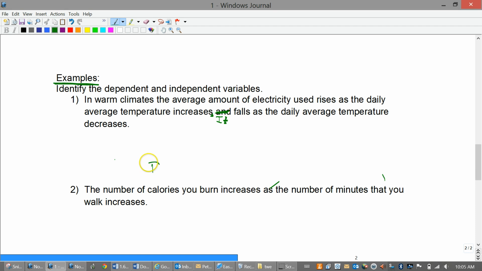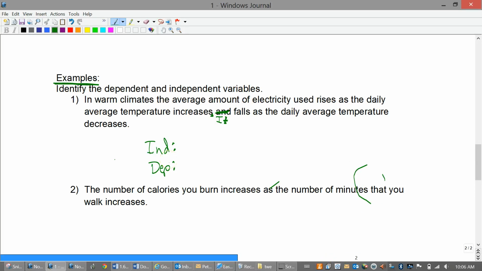Again, guys, oftentimes it's easier to find the dependent variable first, and then backtrack to find the independent variable. So reading it, what happens as a result of the other thing? Does the climate increase as a result of electricity usage increasing? Or does the usage of electricity increase as a result of the climate increasing?